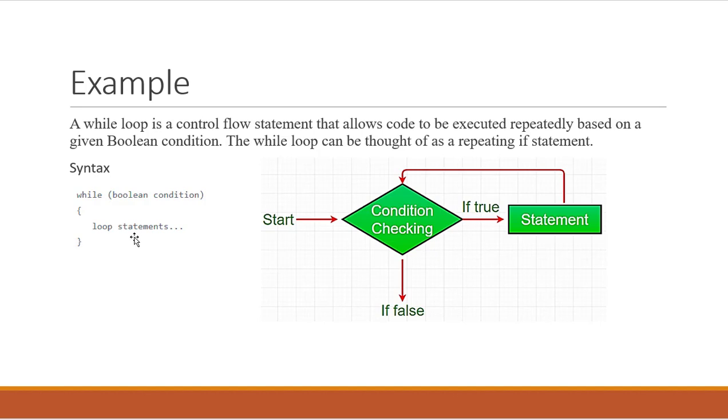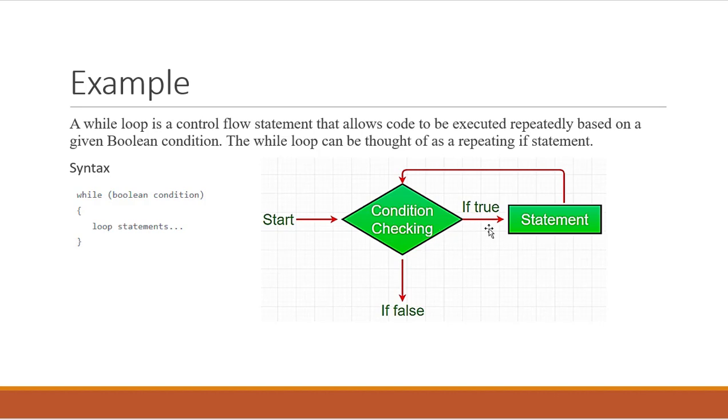So if I have to digest the idea of how the while loop works into a flow diagram, I would simply say the program starts. It checks the condition. This while is a reserved word. When the while condition starts, the program checks the condition, and here in our flowchart a decision is made whether it's true or false.